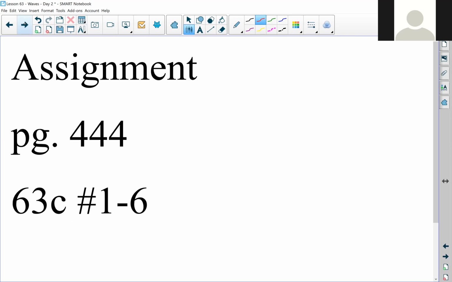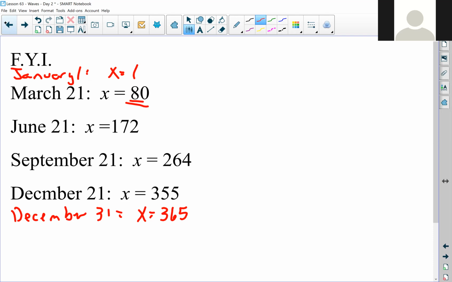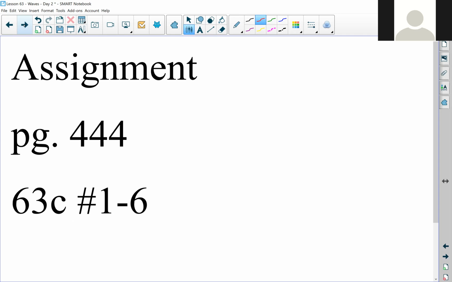One of the keys will be the x value for the specific days here to help you with the phase shift. And then the other ones deal with a Ferris wheel and some population of animals in an area of woods. So if you have questions on it, feel free to ask, and then I'll see you tomorrow.